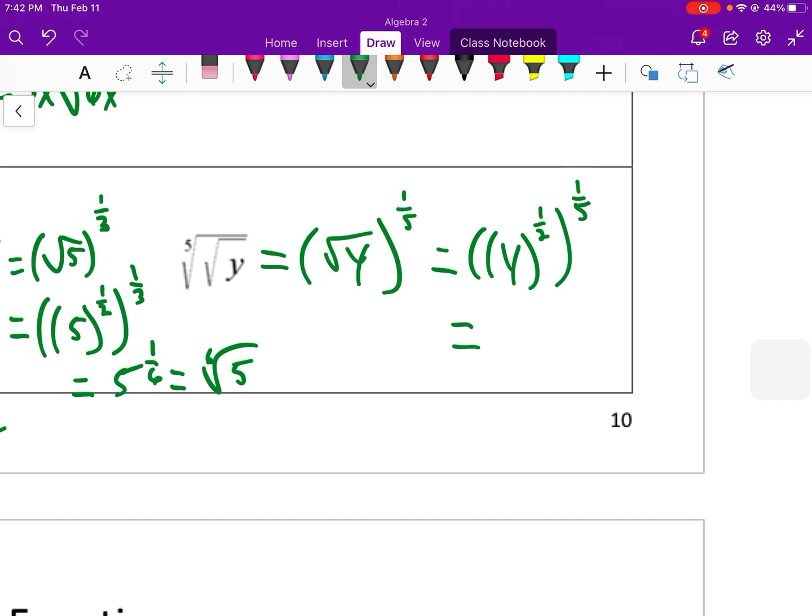So again, we have power to a power. It's that composition of power. So we multiply those. So we get y to the 1/10, because I multiplied half by a 5th. So our denominator is our index, so you can rewrite that as the 10th root of y, and that numerator would be to the first power if you want to see that there. So these two would be equivalent, both would be accepted.